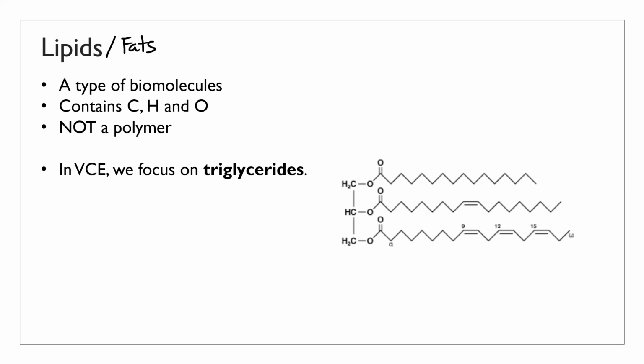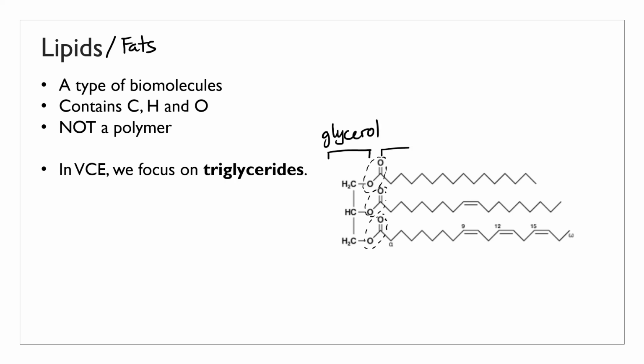And this is a basic structure of a triglyceride. Hopefully, first of all, you can see that the triglyceride contains three ester groups. So a triglyceride is actually a triester, so it has three ester bonds, which means that it is formed via a condensation reaction. The reactants to make a triglyceride would be an alcohol, and the alcohol in this case is called glycerol.